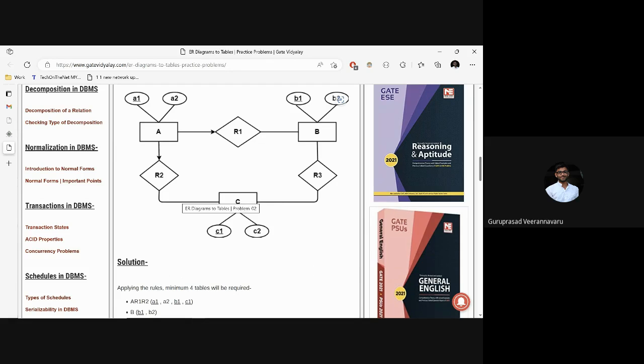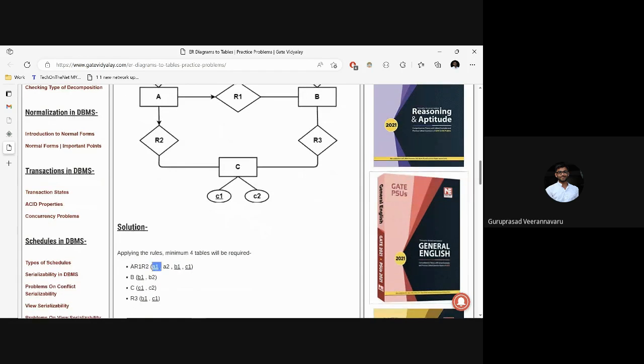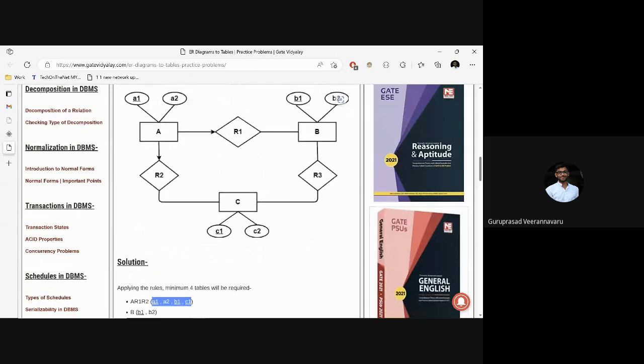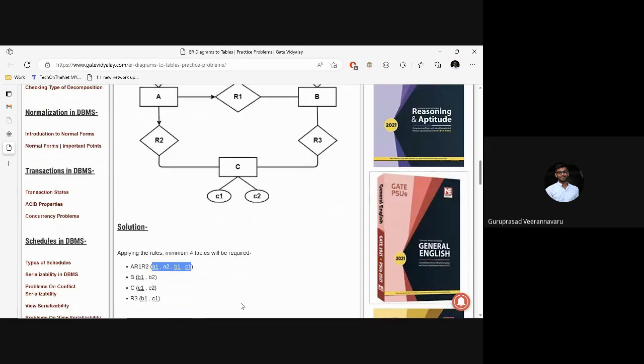For A, C also will always be there. So for A1 to exist, there is always a B1 present and there is always a C1 present. And for this relation, they have not specified anything. It is not one to many, and it is not a dependent relation either. So you have a separate table for mapping this relation between B and C. This is that R3.